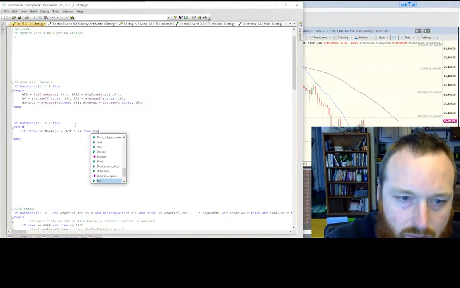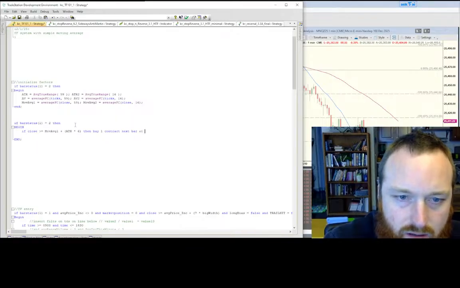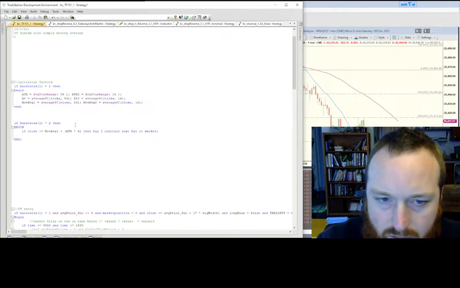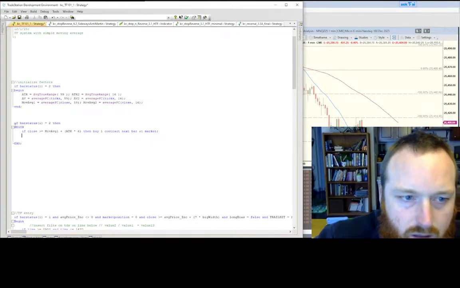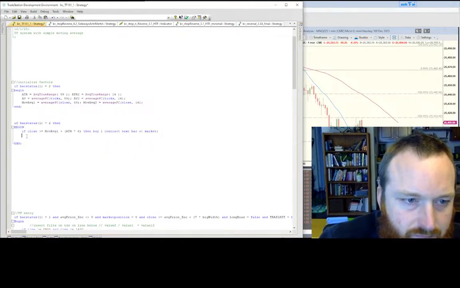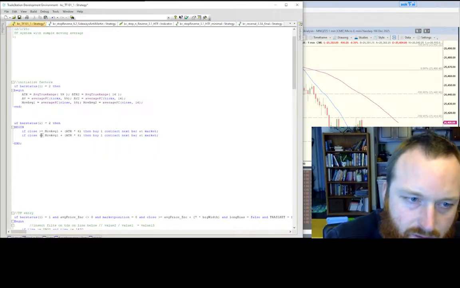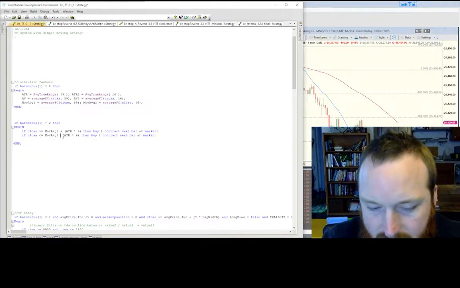So then we're going to buy one contract, next bar at market. Do you want to use a stop order? Do you want to use a limit order? Whatever you want. I'm just going to use market. I think it's fine. I don't think we're going to be that exact. If things get to the point where we really, really need to be exact, then sure.